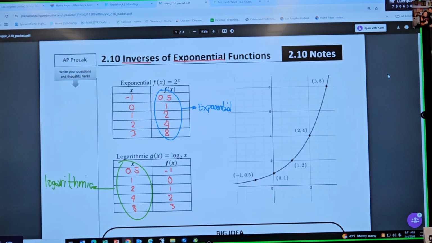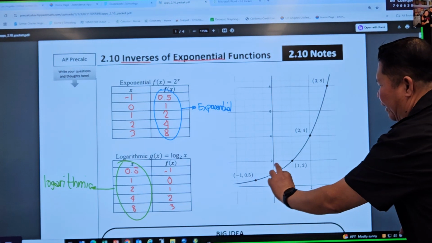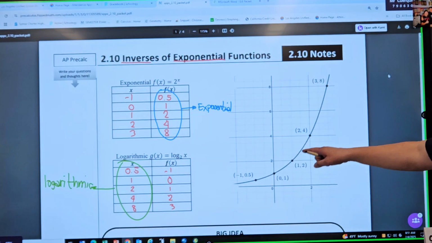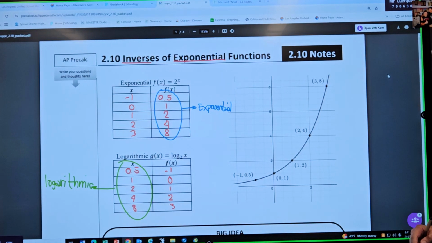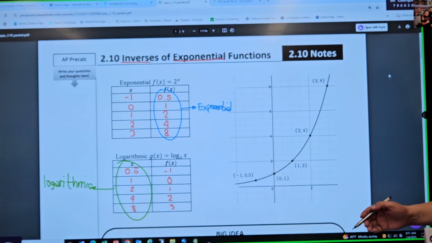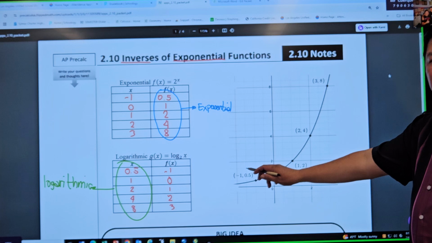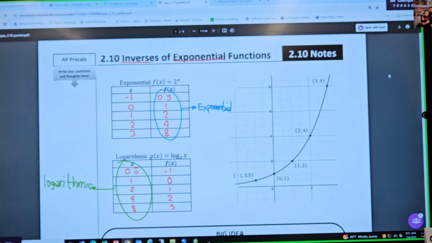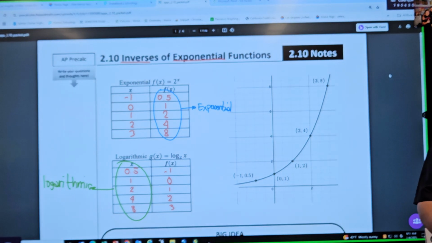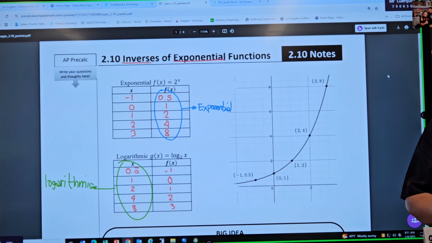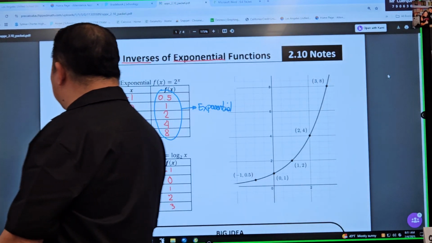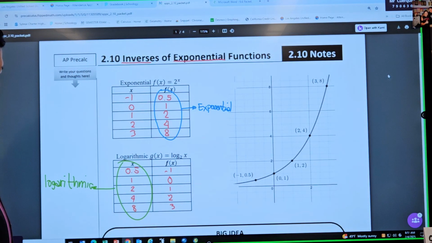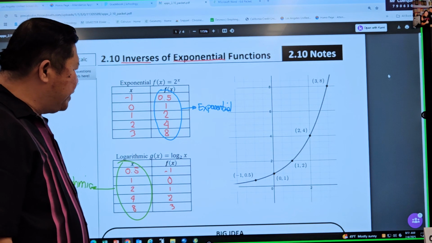Okay. So, of course, if we take the inverse of this exponential graph, and we want a logarithmic graph, how does it look? If this is -1 and then half, then the inverse would be half and then -1. I'm gonna use red color to graph this. So where is -1?